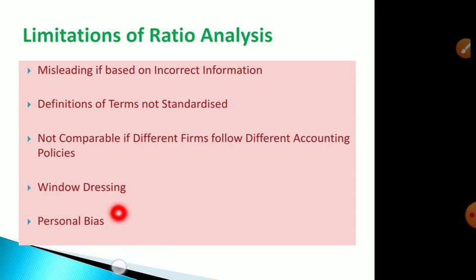Last comes personal bias, that is, different people may interpret the ratios in a different way. Personal judgment plays an important role in preparing financial statements, and so different people may give different judgments.